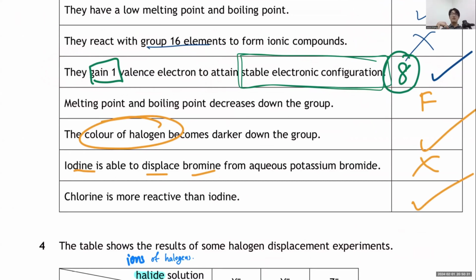If I gain something negative, I become negative. If I lose something negative, I become positive. It's the other way around, okay? So just remember the gain one. It makes more sense. I gain negative, become negative.